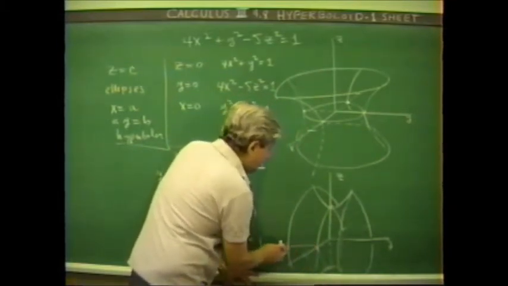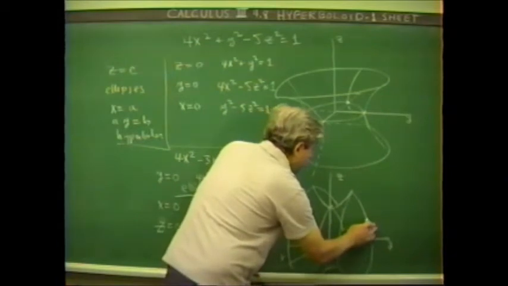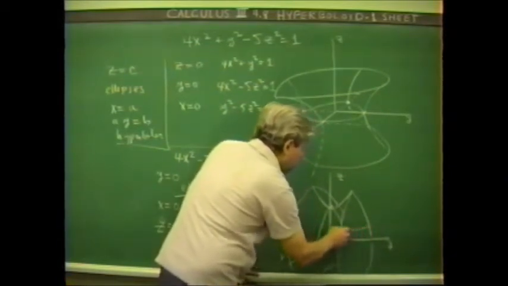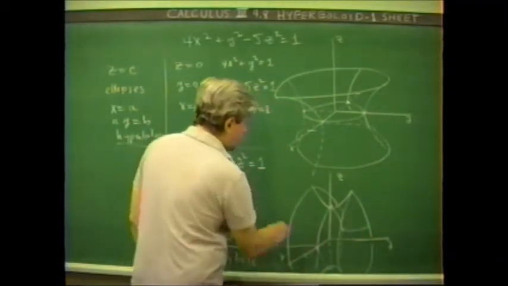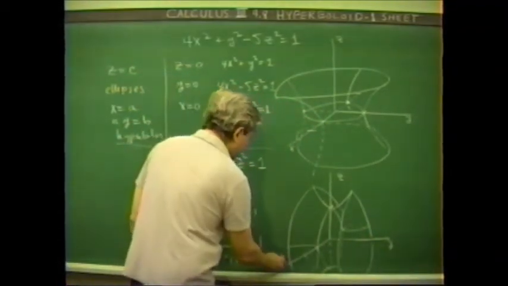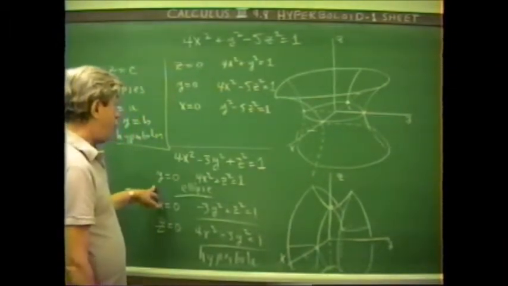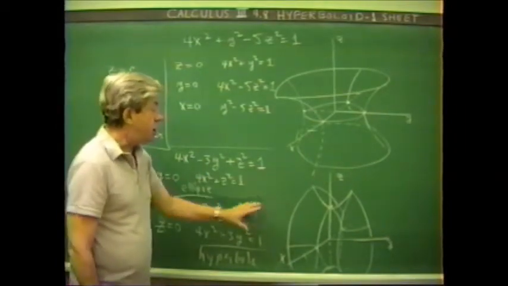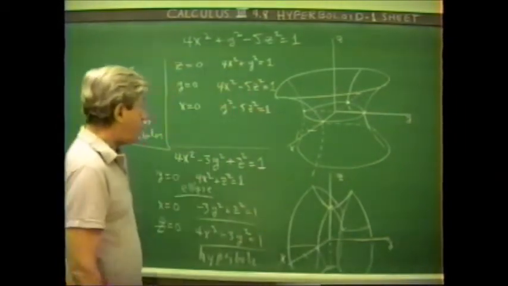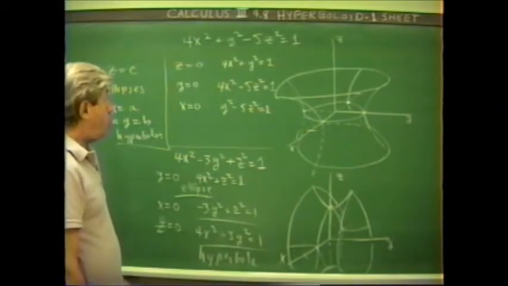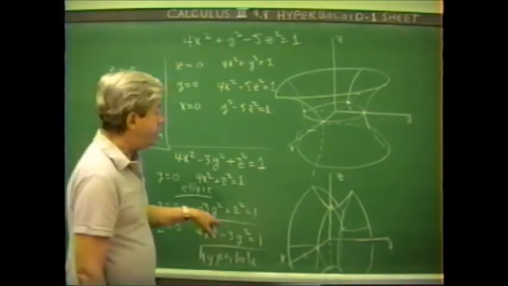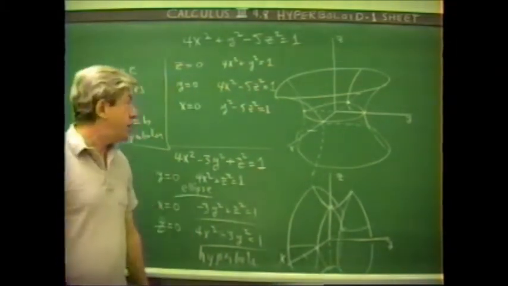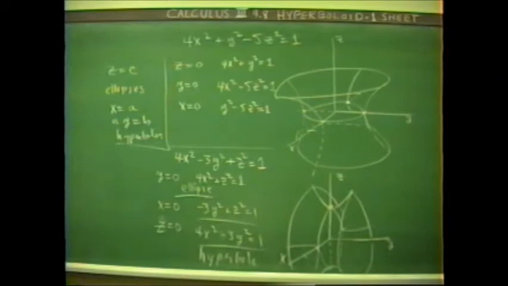In the yz plane, we have got a hyperbola. And in cross sections parallel to the xz plane, that's to say, if we put y equal to a constant, we always get ellipses. So this looks like a spool. It's called a hyperboloid of one sheet, and in this case, its axis is the y-axis. So there are two examples of hyperboloids of one sheet.